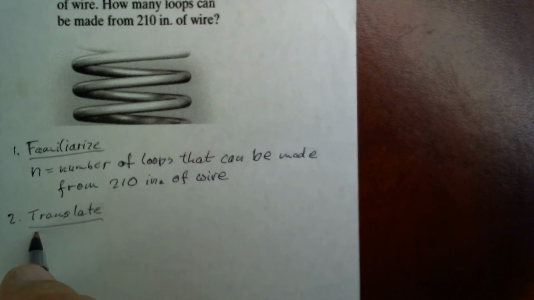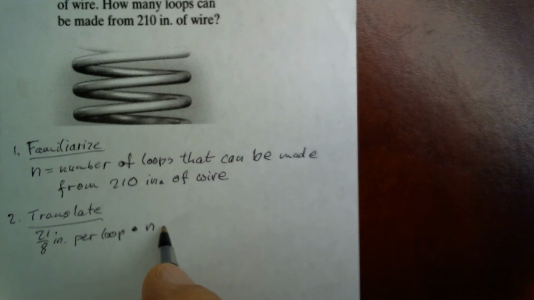So in other words, 21 eighths of an inch, or inches rather, that's per loop, times the number of loops has to equal 210 inches, the length of the wire.